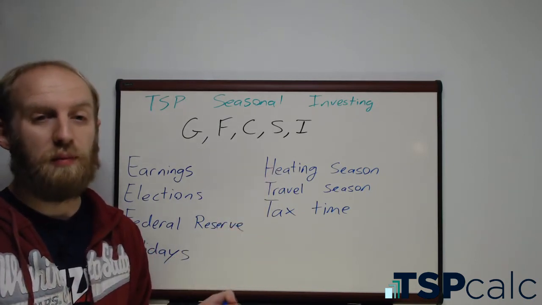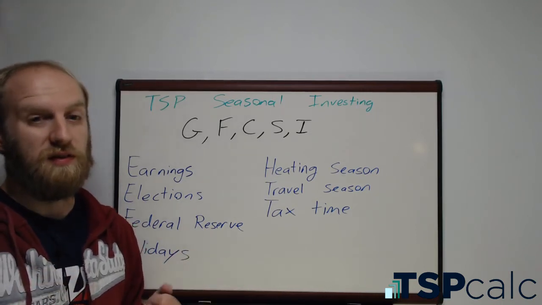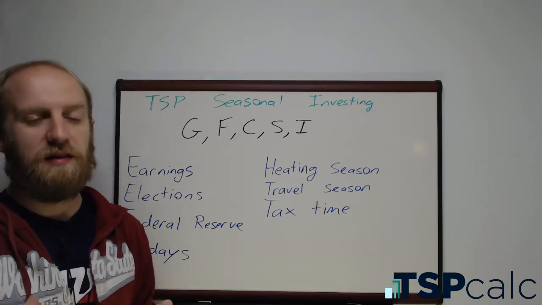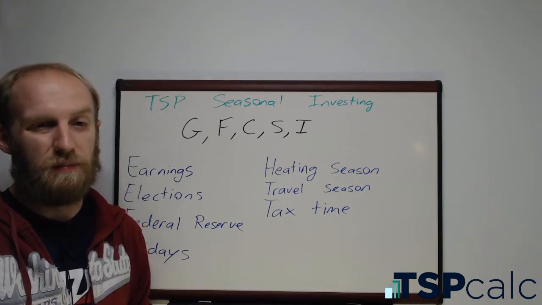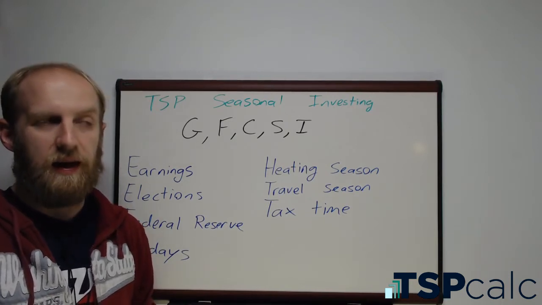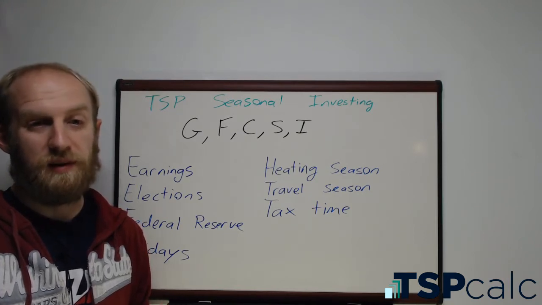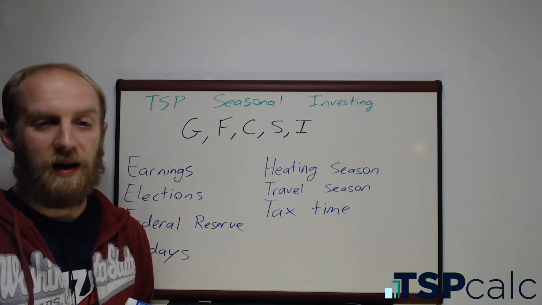I have no problem with it. It's a great way to go. Basically, the whole point of seasonal is to try and beat buy and hold on average. And my research shows that we should be able to do it by about 1 to 2% per year. And if you can average an additional 1% per year over 30 years, that's a tremendous amount of money.